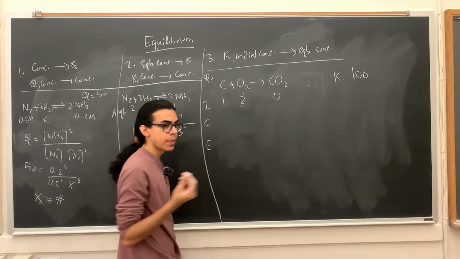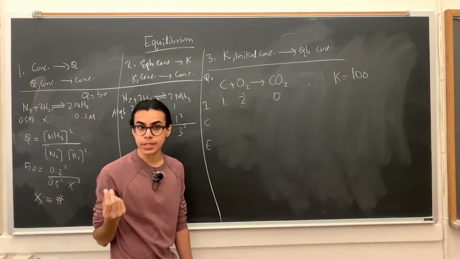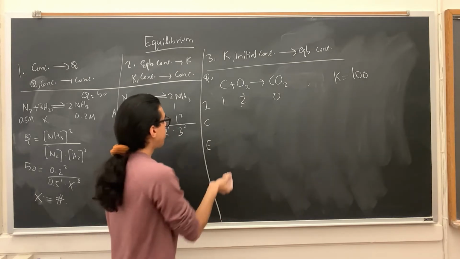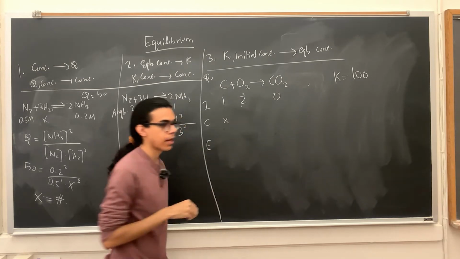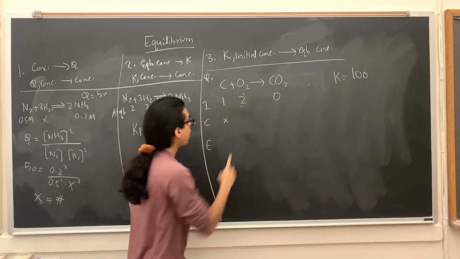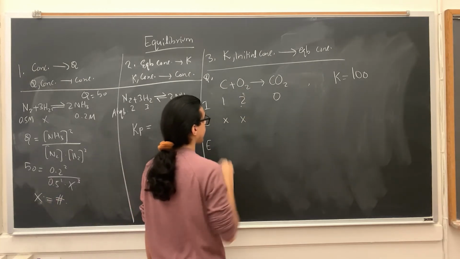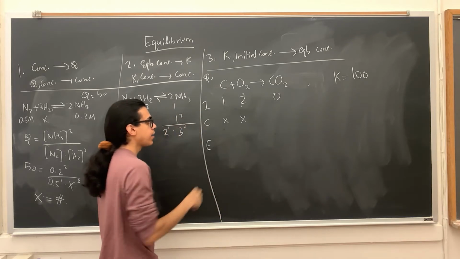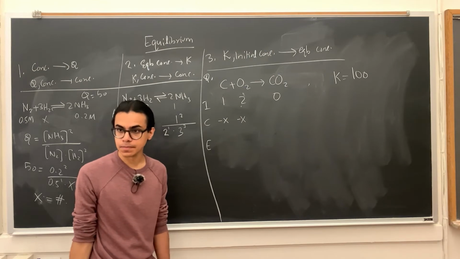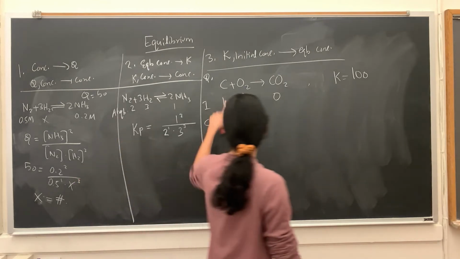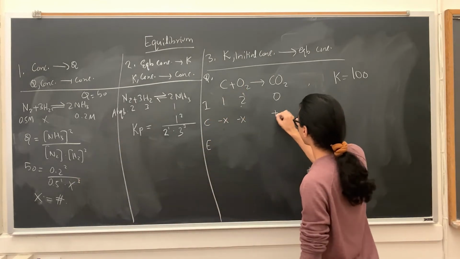How much does it change by? I don't know, so it will have variables in it. But suppose carbon changes by X molarities. Then oxygen must also change by X molarities. And what I like to do is, for reactants, always put negatives. Minus X, plus X.